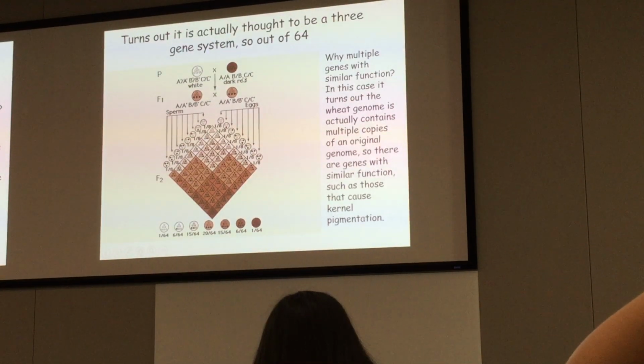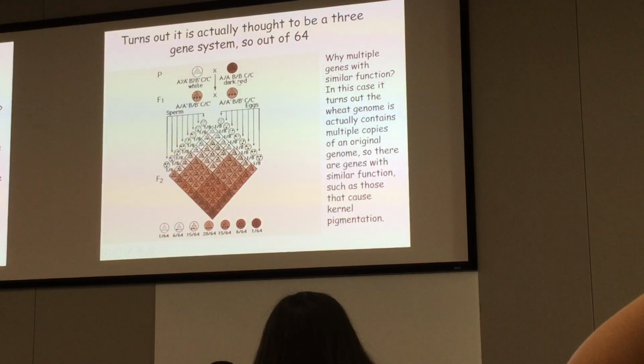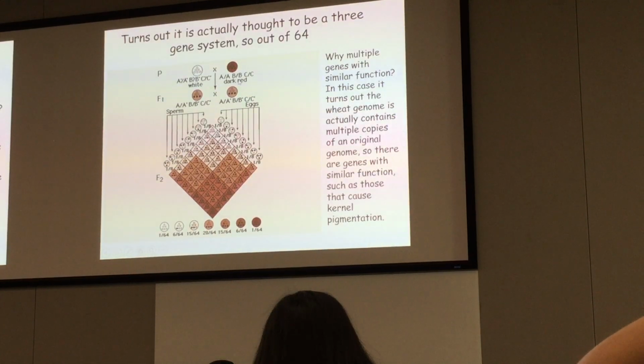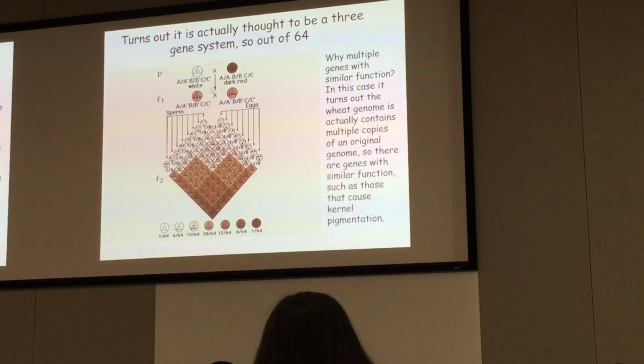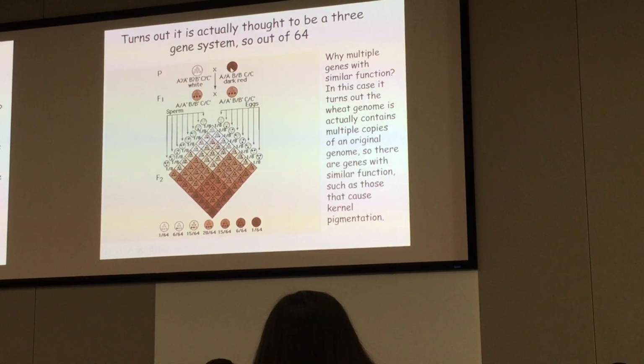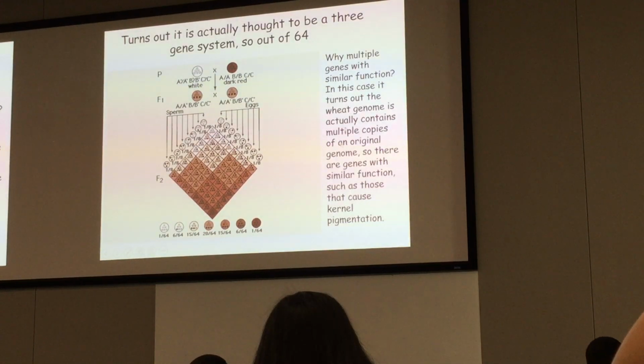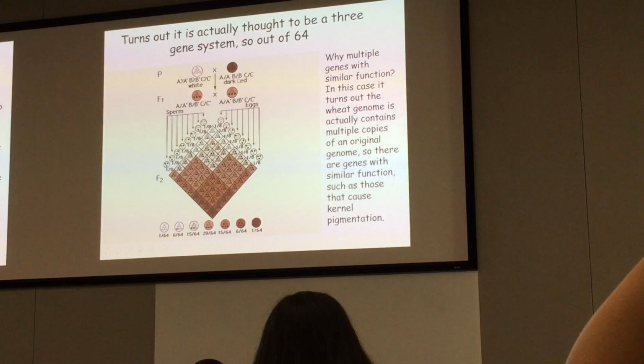If you have another genome added, you get 3 coloration genes and so forth. So it seems like just an accident of how the wheat genome evolved through fertilization events and so forth early on. And so you get 3 genes that just so happen to contribute a little bit to red phenotype. So that's why these genes are redundant.